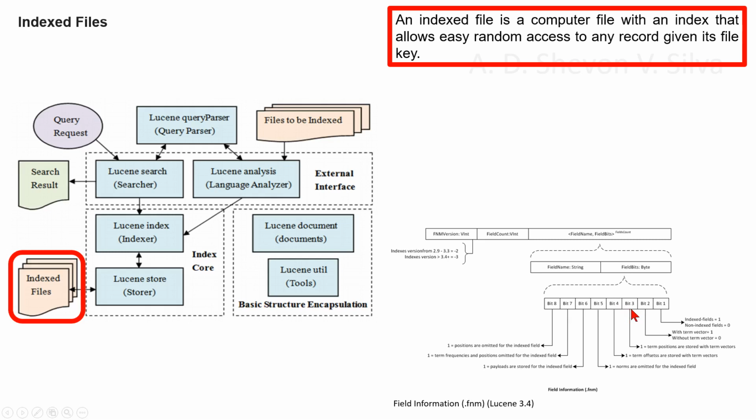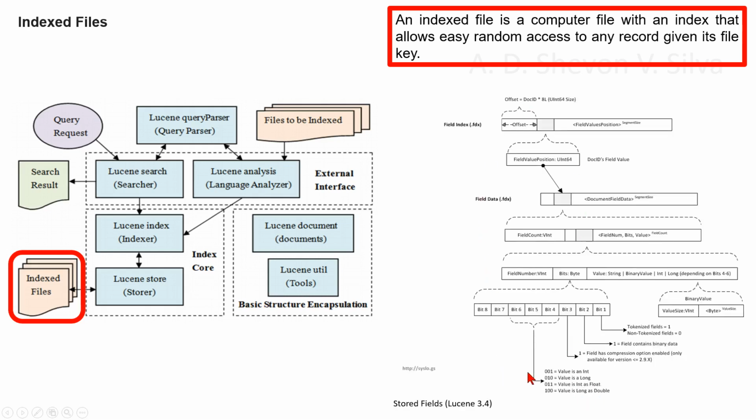Bit 3, 1 equals term positions are stored with the term vectors. Bit 2, with term vectors equals 1 and without term vectors equals 0. Bit 1, indexed field equals 1, non-indexed field equals 0. So bit 8 to bit 1 are in the field bits byte. The field name string and field bits are in this section.